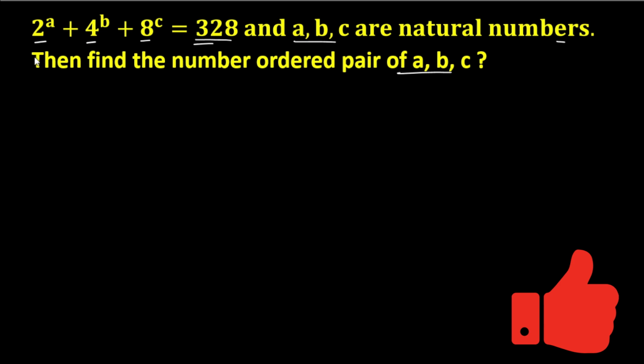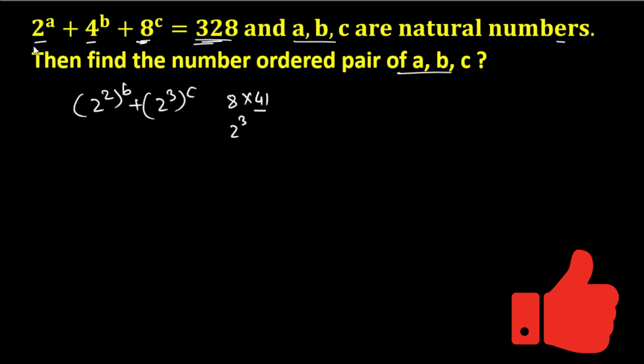So now for the solution, 4^b we can write as 2^(2b), 8^c we can write as 2^(3c), and 328 we can write as 8 times 41, and 8 is the cube of 2, so it is 2^3 multiplied by 41.